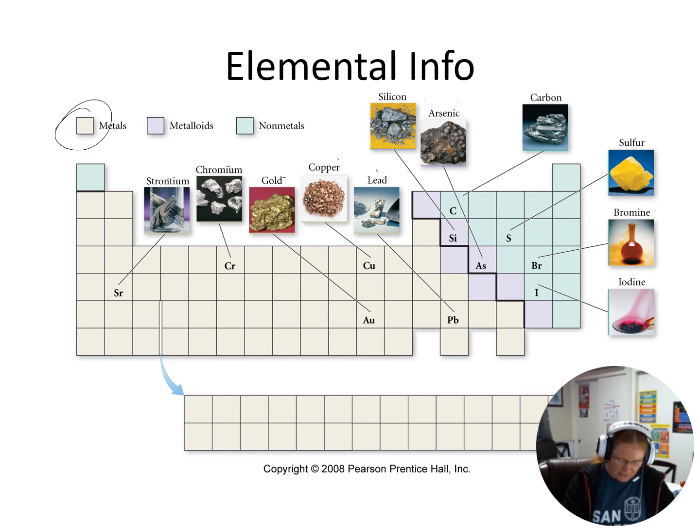So you can see here, we've got this thing going down here. We call that the stair-step region. And so these are the elements that are the semi-metals or metalloids that bridge that. So silicon, you can see, it is solid, but it's kind of crumbly. It has a little bit of luster to it, but not a whole lot. And so again, we're kind of bridging as we go between our metals and our non-metals.